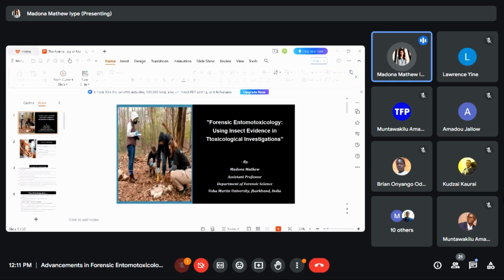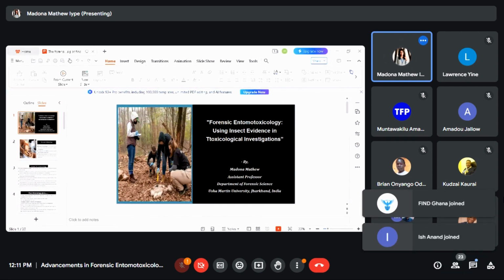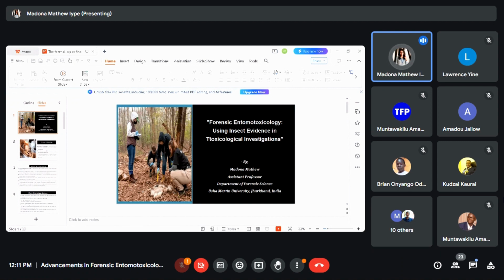Now, what are the clues or advantages, or what information does entomology give? Forensic entomological evidence, basically all the fauna associated with the decomposing corpse, will give an idea about the original place of commitment of the crime. Also, the primary crime scene along with the secondary crime scene can be given.